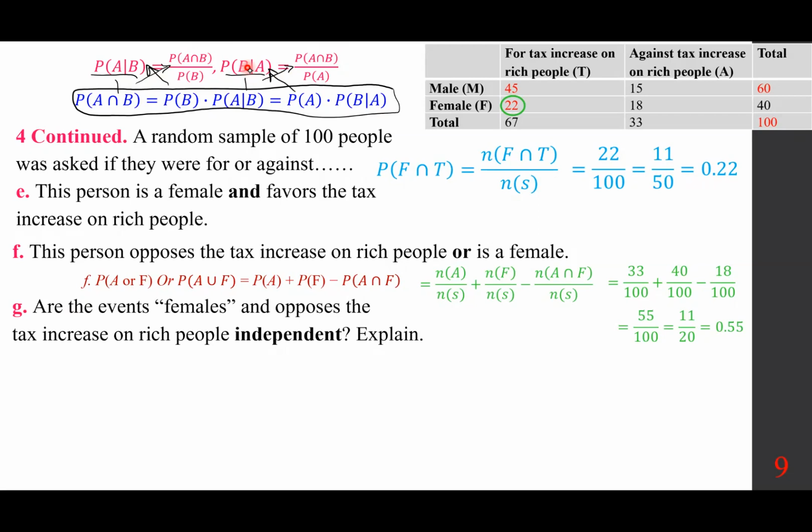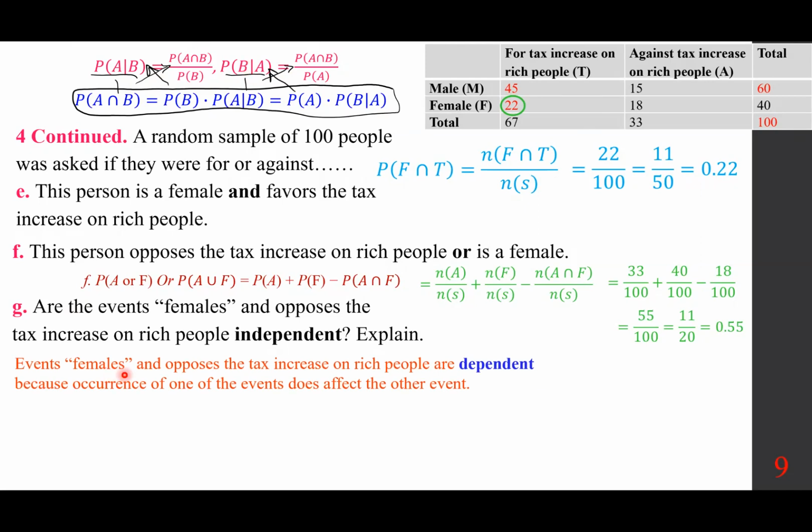Now, events females and opposes the tax increase on rich people are independent if the occurrence of one of the events does not affect the other event. So what does it mean? It's really very hard to follow that, but we can do that with formula.